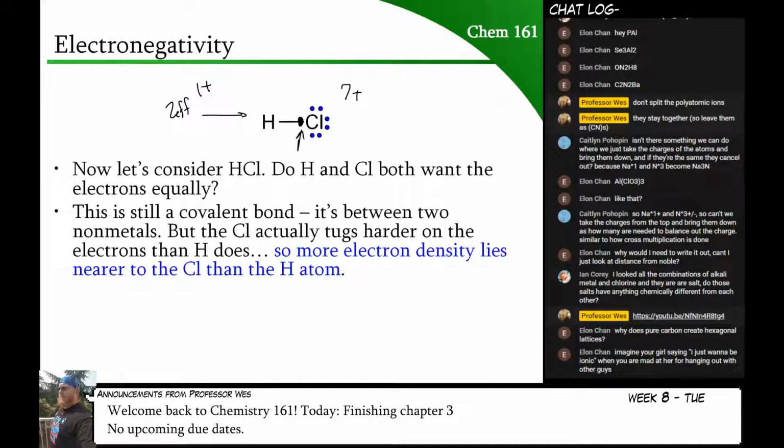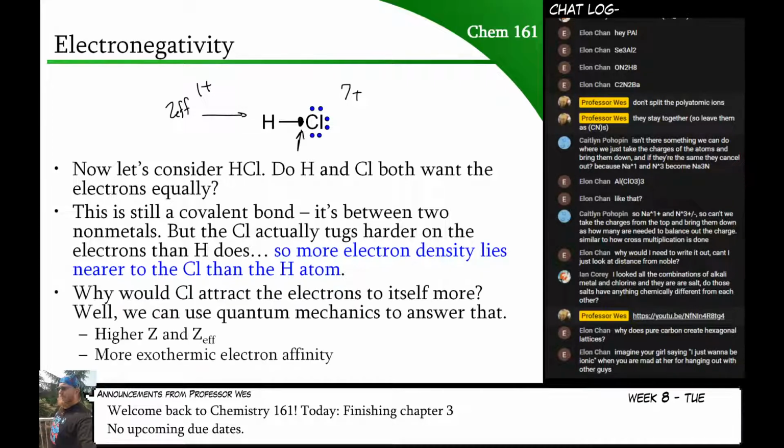You're technically sharing, but you do have access to it more of the time. That's how chlorine is operating here. Chlorine is technically sharing the electrons with hydrogen, but it gets them more of the time. They are closer to chlorine. So, being pragmatic about it, chlorine is not sharing the electrons equally. This is not an equal distribution. But it is still shared.